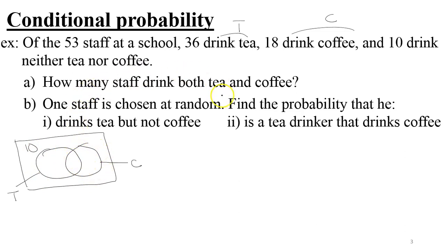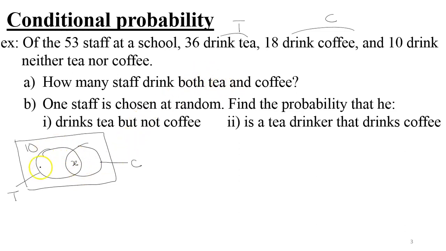So in order to determine how many staff members drink both, I'm going to define that as X, because whenever you're placing cardinals inside a Venn diagram, we start inside from the intersection and we start going outside.